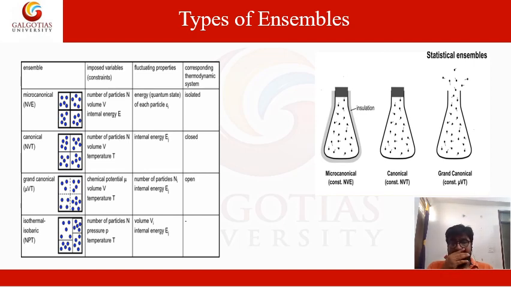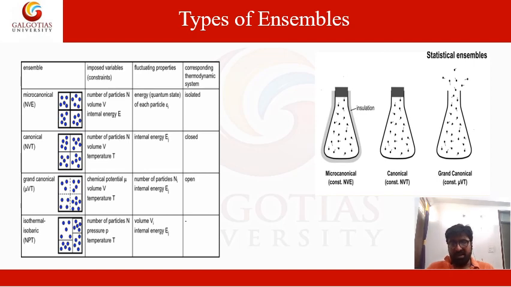And the other one is the grand canonical ensemble. The third one is the grand canonical ensemble, which we see in general life, especially in chemical reactions, where the number of particles can vary. Sometimes the number of atoms in the reactant is something, and the number of atoms in the product is something else, because some of the molecules or atoms evaporate or change into gas form.